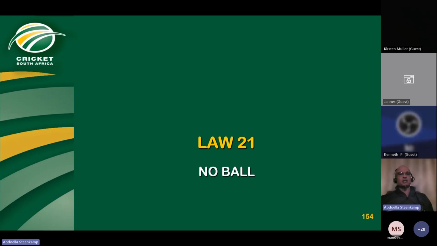And if not, umpires then need to call and signal no ball. But that is a playing condition in place for those competitions. But what we're covering tonight is, as per the laws of cricket, what is a no ball and in what instances should you call no ball according to the laws.